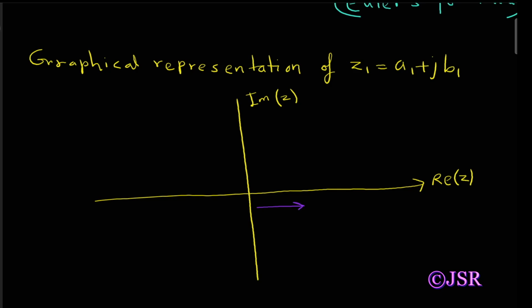So move a1 distance in the real axis, and then move b1 distance perpendicular along the imaginary axis. So the corresponding point will represent a1 comma b1.